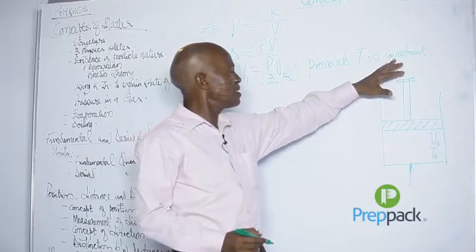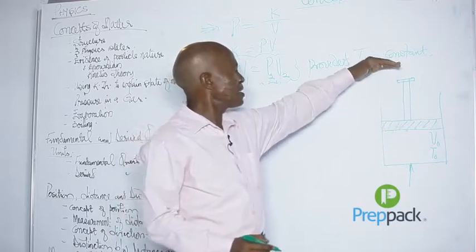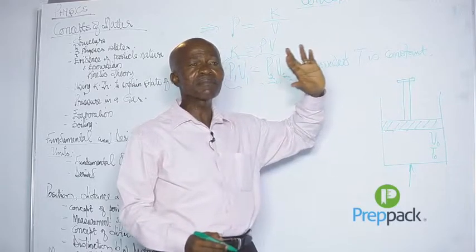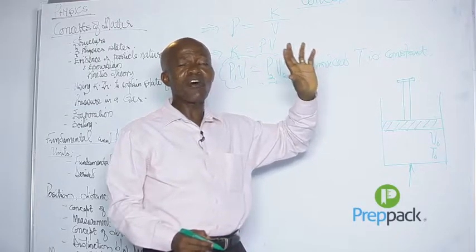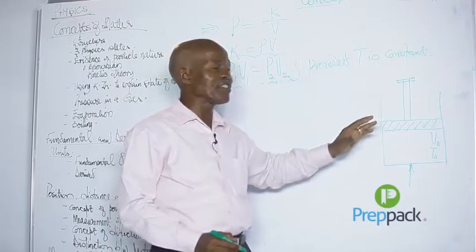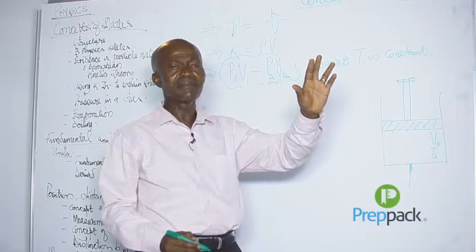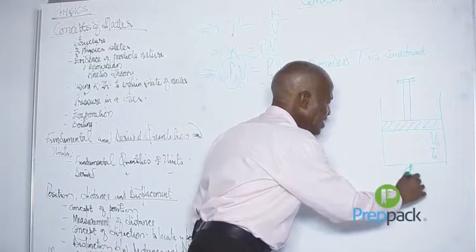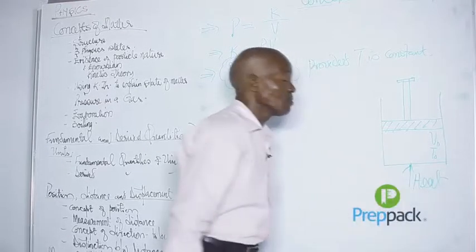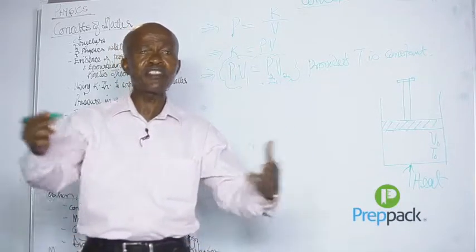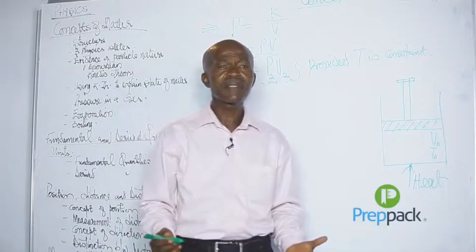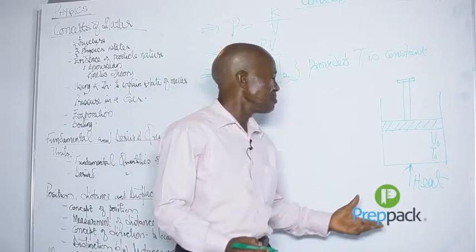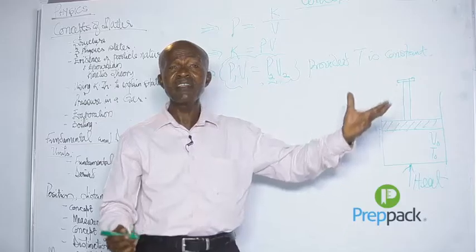Because we are not adding any pressure here, we are not adding any weight on the plunger, the mass or the weight of the plunger and the piston remains the same. So over here, as the heat is applied, what happens? The temperature changes. The volume, of course, will equally change.